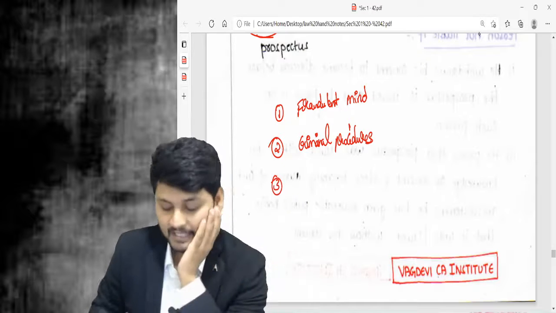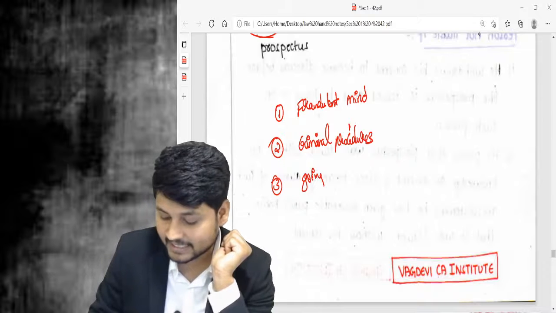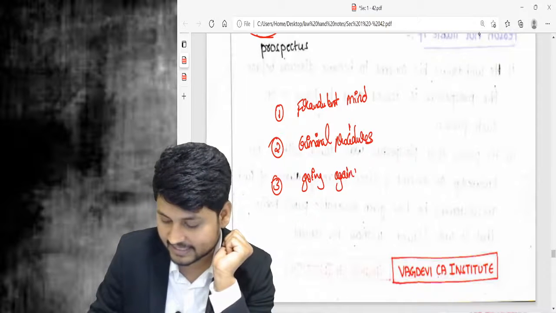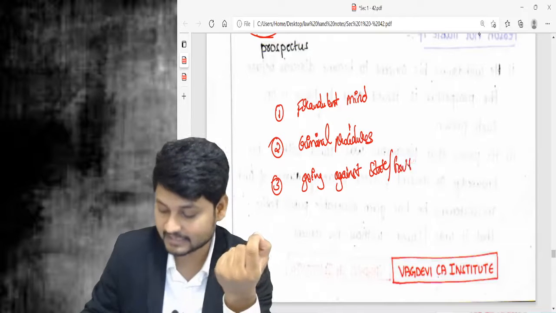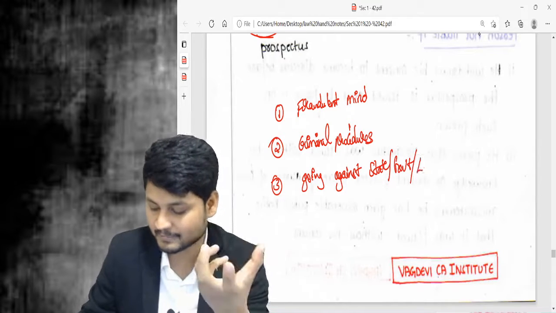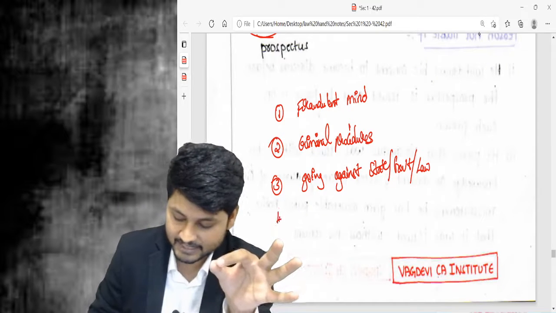Point number 3, he will be considered as going against whom? Going against the state, also called the government. In simple terms, it can be called the government, or it can be called the law. He is going against the law. Hence, the criminal liability will be imposed.